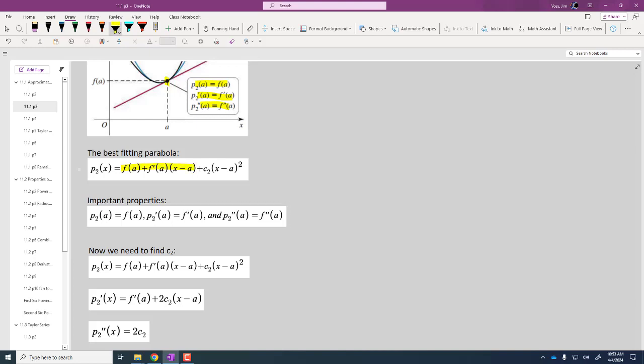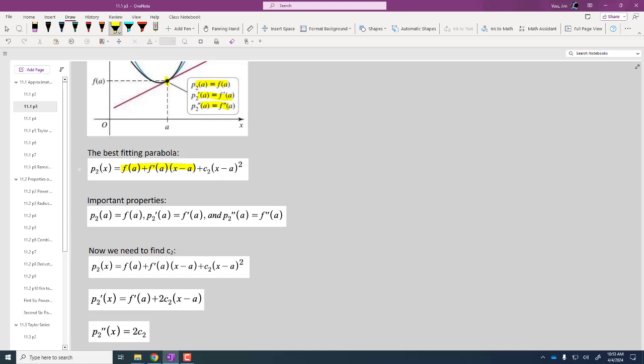All right, there's the tangent line. But then we need a quadratic term, and we have these three things in mind. So we've got our tangent line. We want to add a quadratic term. If we want the values to match, that means when we plug in an a for the x, we need to get a 0 here, because f of a is the value, right? f of a is the value right there.